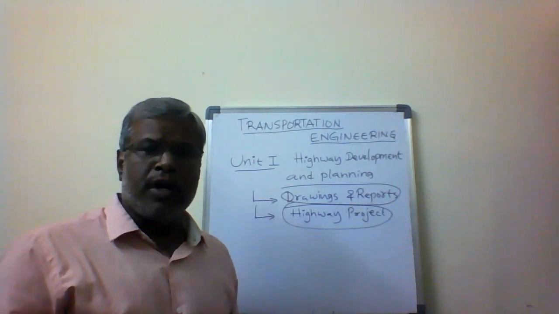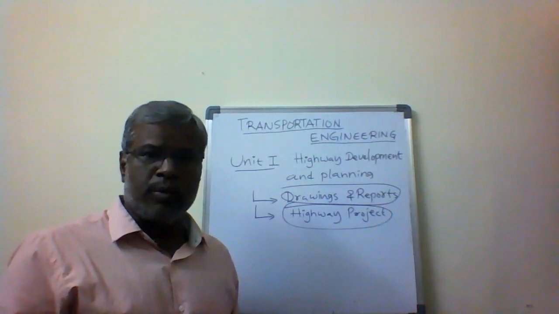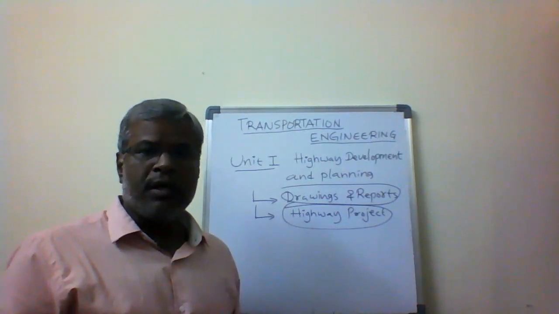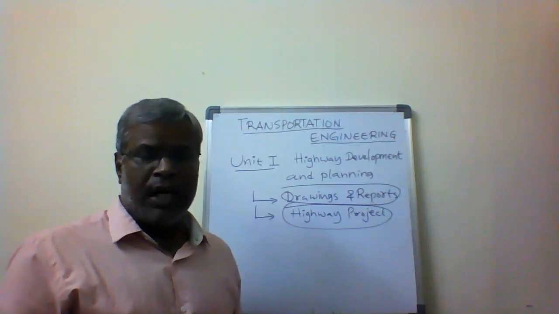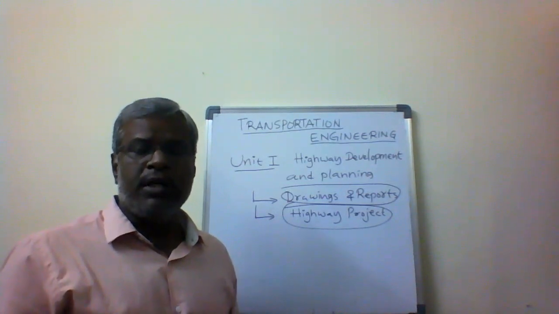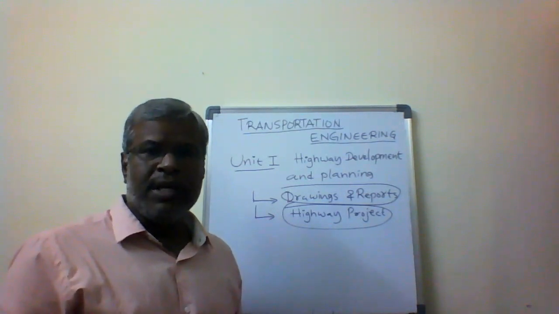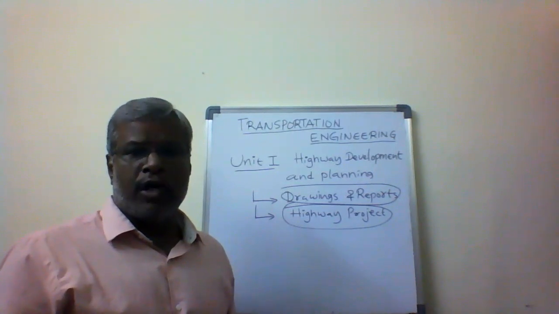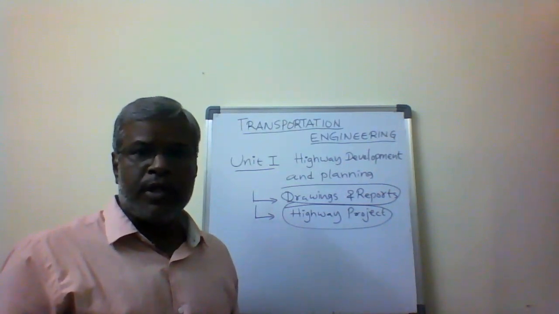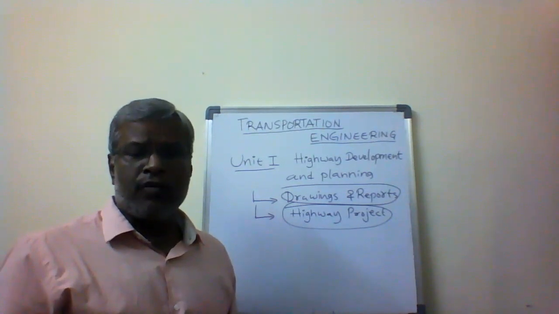For this, the basic requirements are that the alignment should be short, easy, safe, and economical. Your alignment should be short, easy to construct, and give safe travel to road users. Finally, it should be economical.